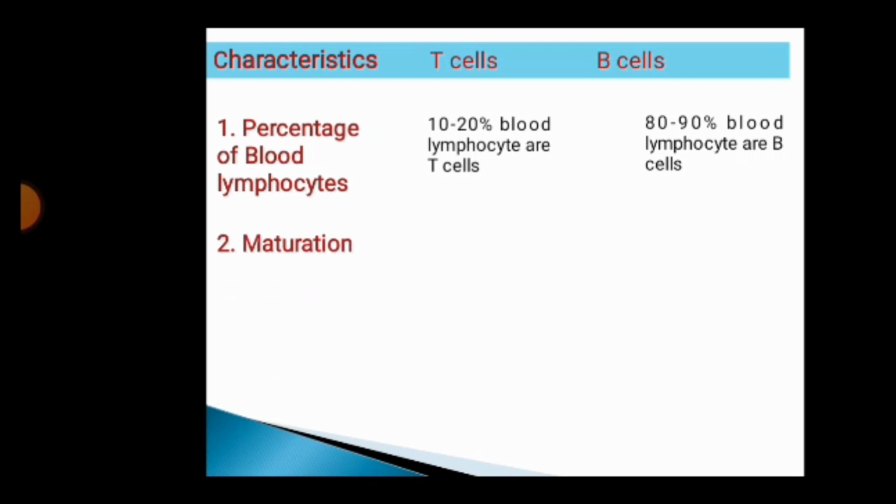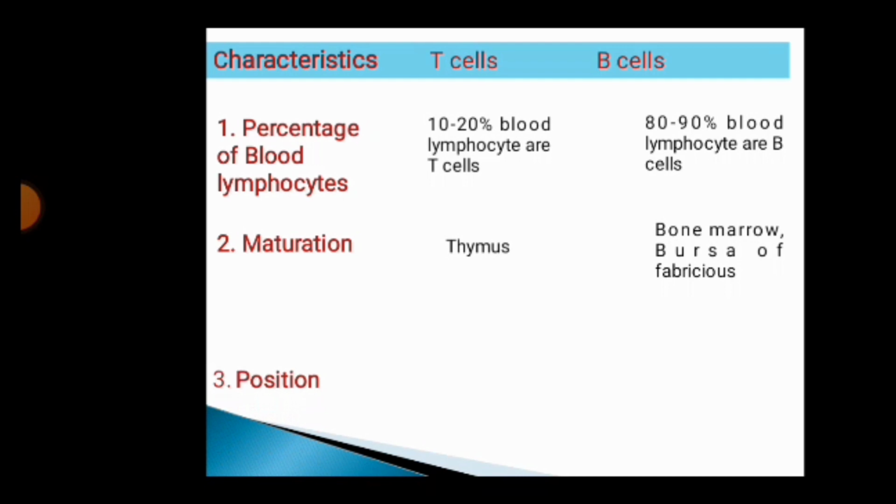Next is maturation. T cells mature in the thymus, whereas B cells mature in the bone marrow. Although both T cells and B cells originate from the bone marrow, the T cells mature in the thymus, whereas B cells both originate and mature in the bone marrow.